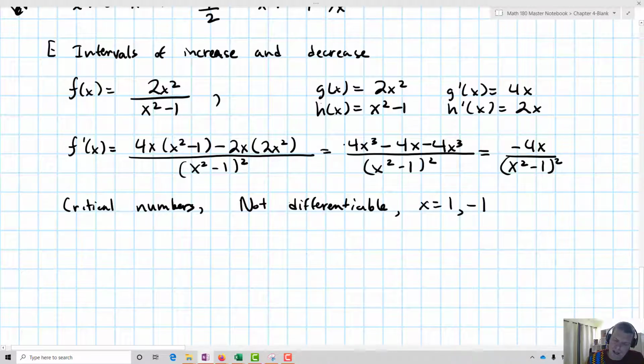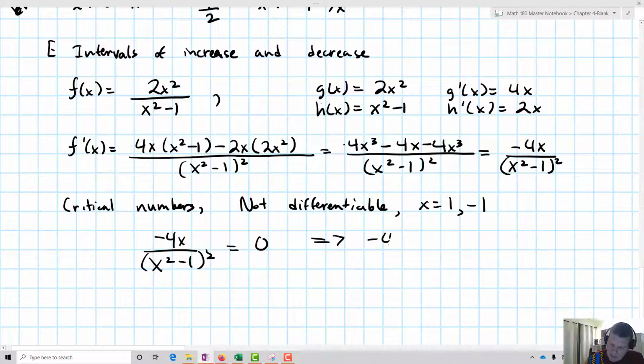Then the next piece is to notice when negative 4x over x squared minus 1 squared is equal to 0, that's actually when negative 4x equals 0, and so that's when x equals 0. So that is our other critical number.